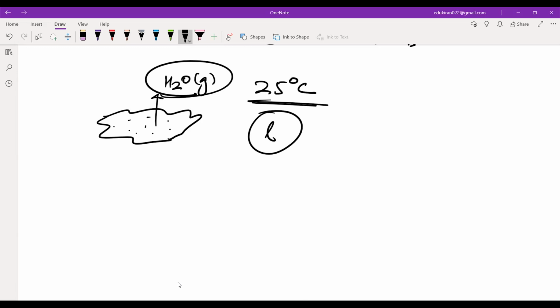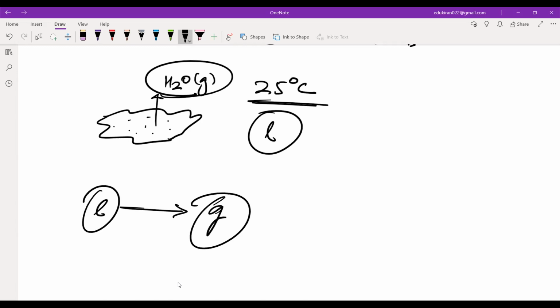And also, you know that if something liquid is getting converted into gas, that means this liquid has lower energy. Now this gas will have high kinetic energy. It is moving here and there, it can move to the complete universe, and it has higher velocity. So it is going from lower velocity to higher velocity.